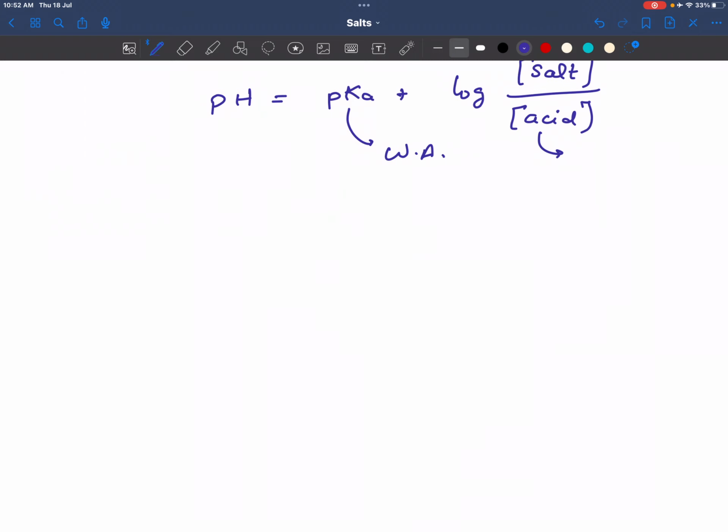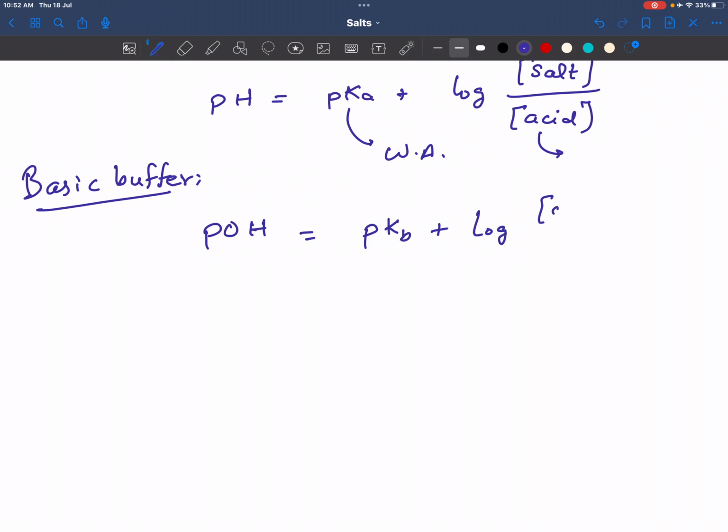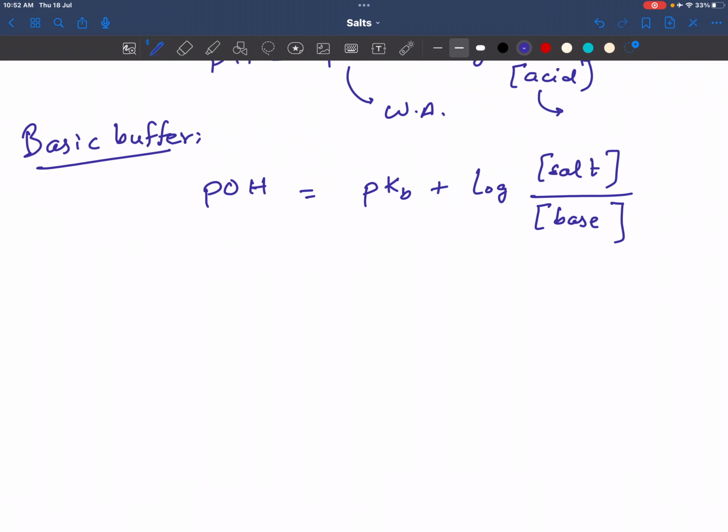Okay. Similarly, for basic buffer, pOH, pH కాదు ఇప్పుడు, is equal to pKb plus log salt upon base. Okay.